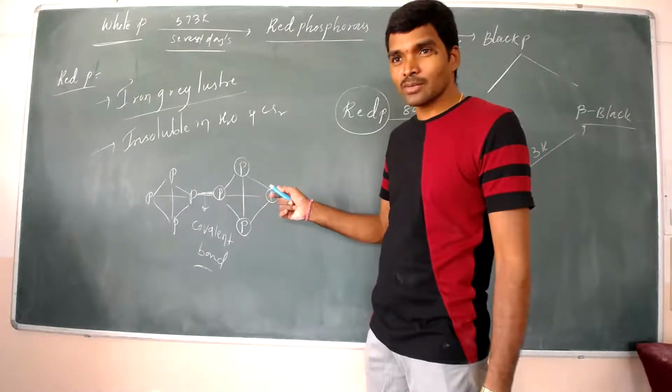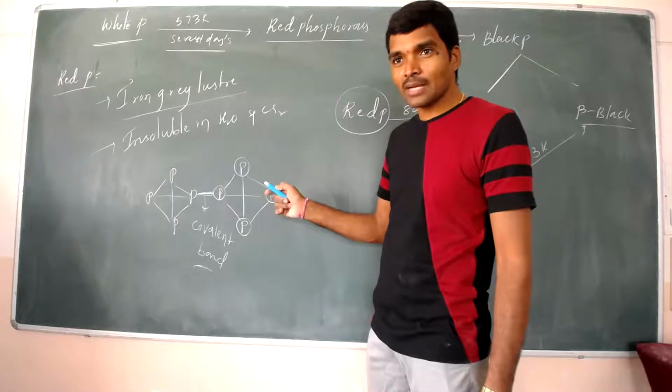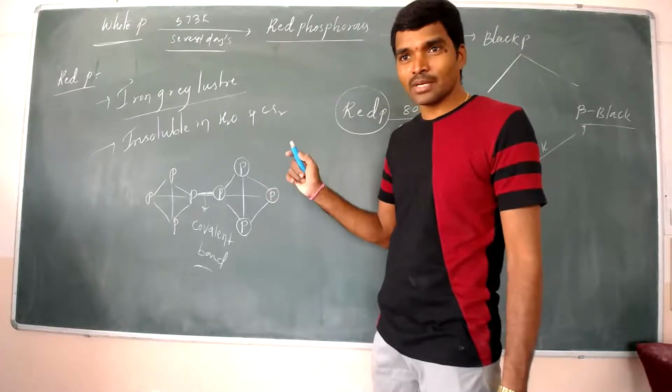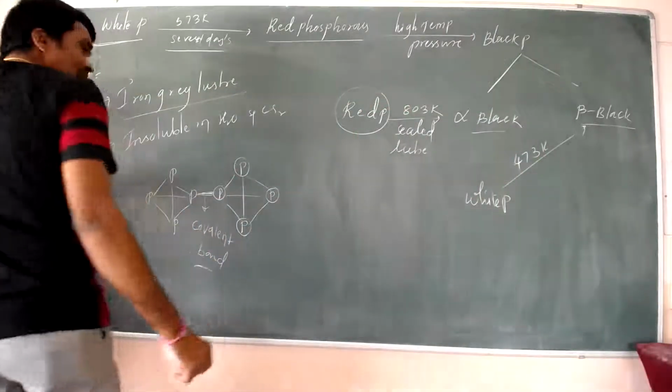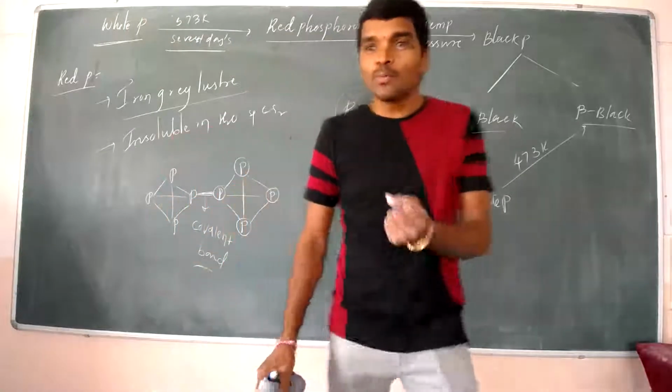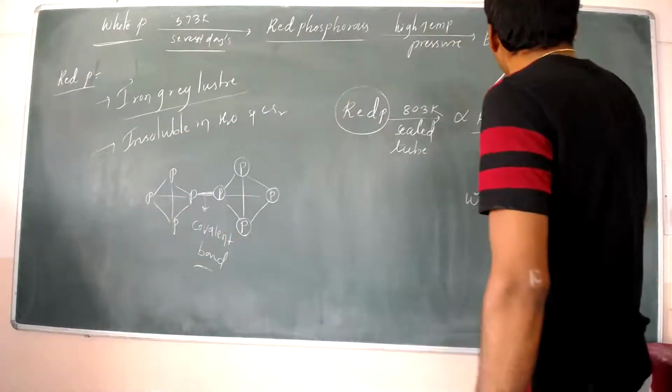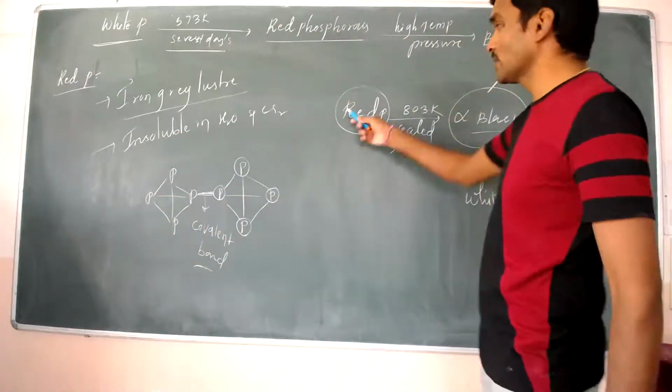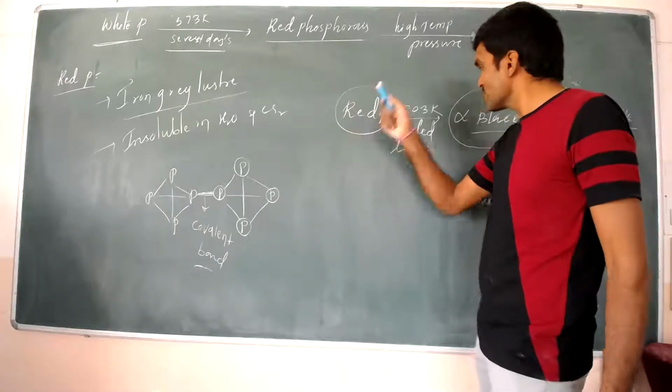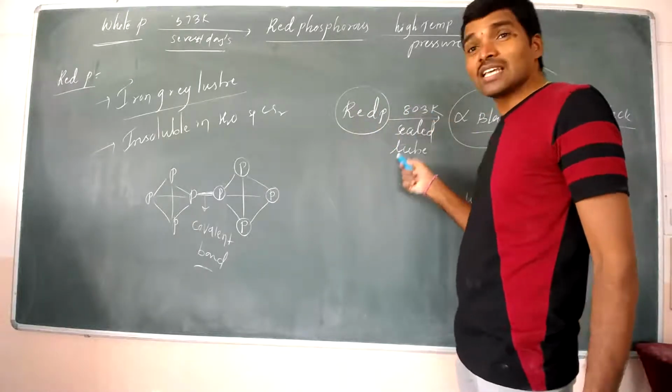Now we are going to discuss alpha black phosphorus as well as beta black phosphorus. Already I told you how to prepare alpha black phosphorus: we prepare it by heating red phosphorus at 803 Kelvin in a sealed tube.